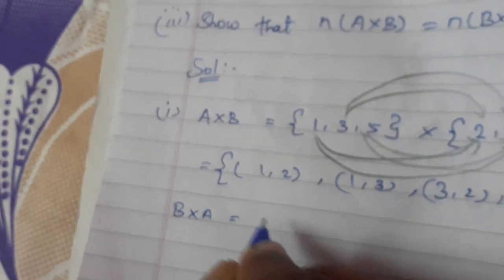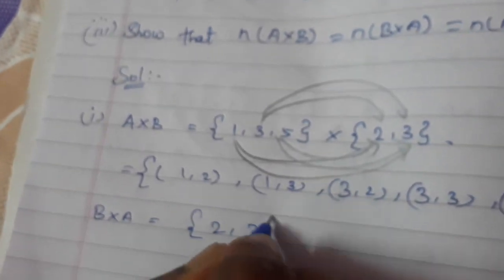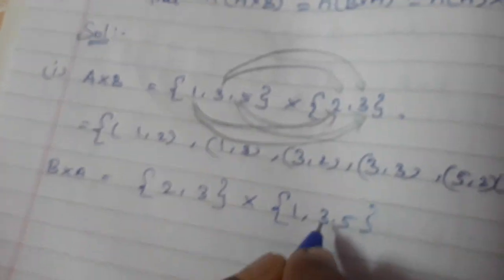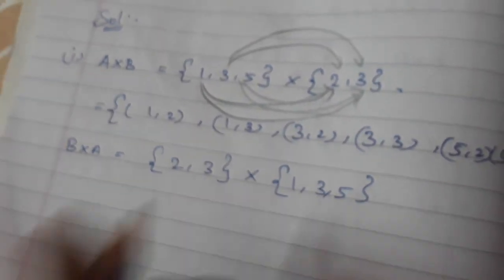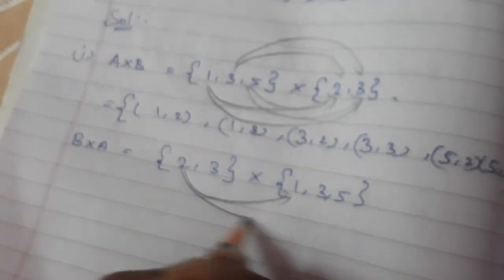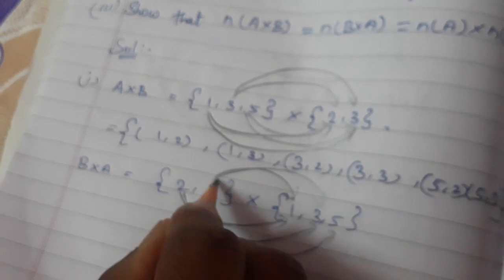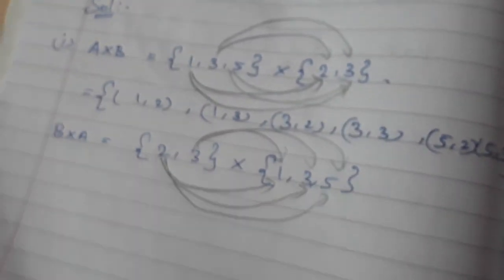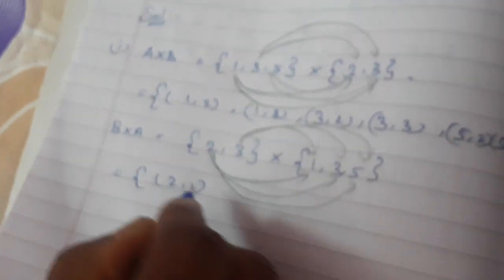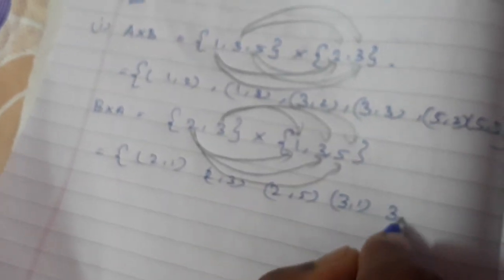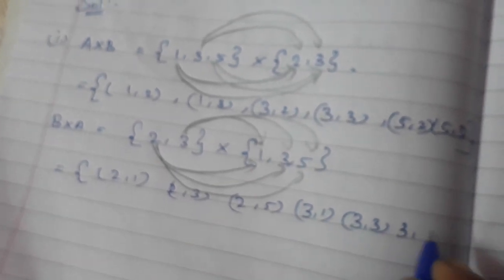Our B × A is {2, 3} × {1, 3, 5}. We join 2 with 1, 2 with 3, 2 with 5, and 3 with 1, 3 with 3, and 3 with 5. So our answer is {(2, 1), (2, 3), (2, 5), (3, 1), (3, 3), (3, 5)}.